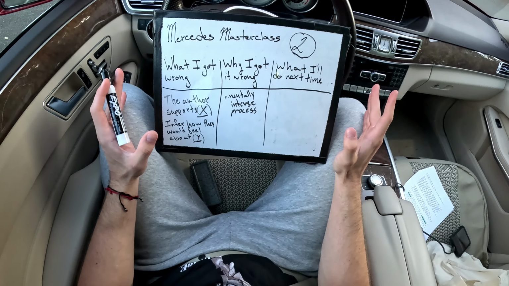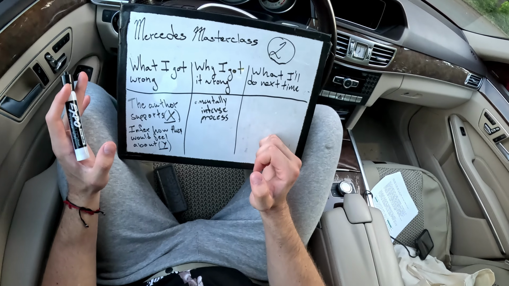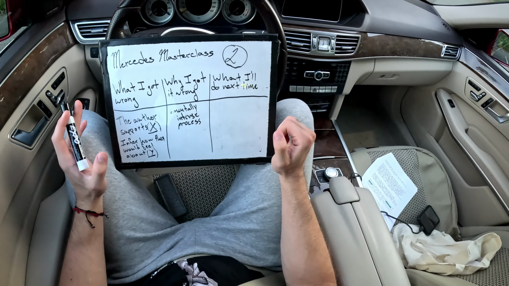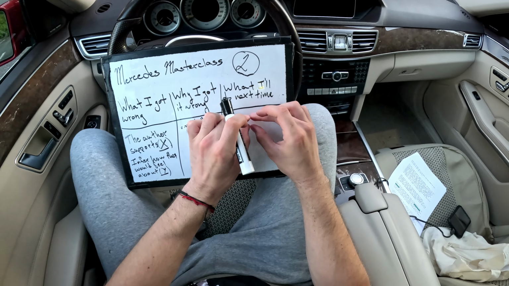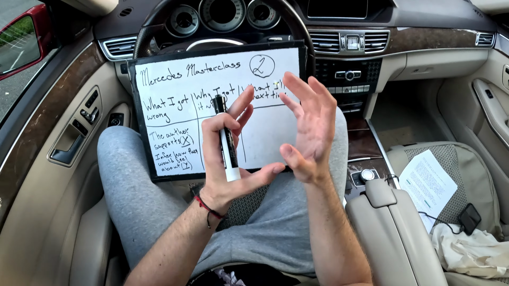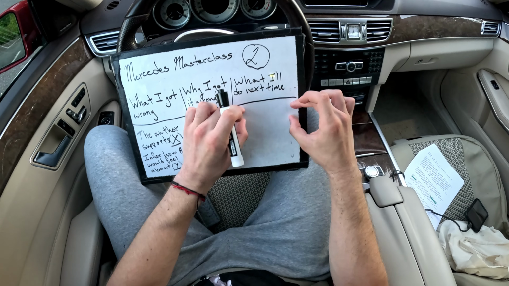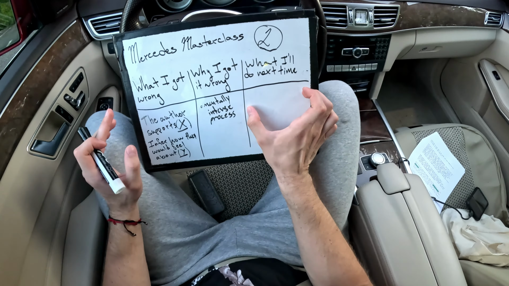When we talk about what I will do next time, it's really important that we write down specifically, as your best guess, what mistake you made, as a one sentence type of thing.